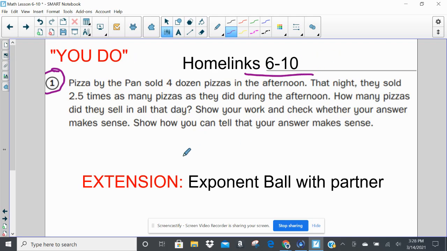Remember, all the questions today from your Home Links are multiple step problems. So it's not just going to be one step and there's your answer. We want to use cubes to make sure that we understand exactly what we are doing. What operations are we doing? Because it's multiple operations that we're going to be doing today.